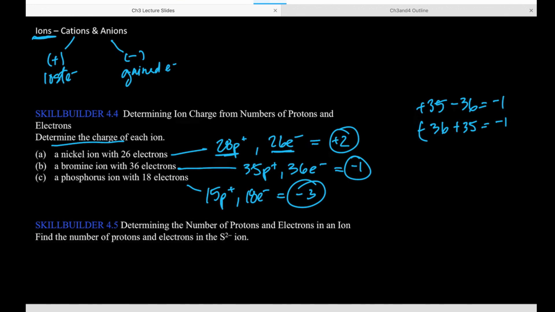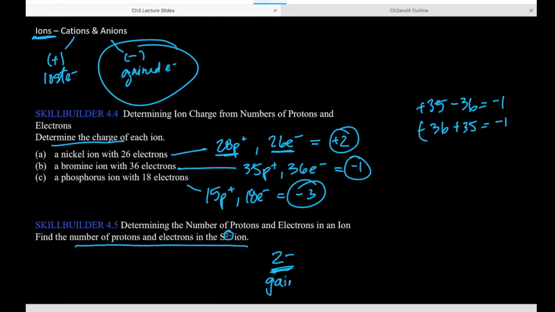Okay. And so we would like to find the number of protons and electrons in the S2 minus. So what is that? The charge goes in the upper right-hand corner, so it has a charge of 2 minus. Which means that what happened to it? How does something become an ion? It gains or loses electrons. So to become an anion, it gained electrons. How many did it gain? This says that it gained 2 electrons.